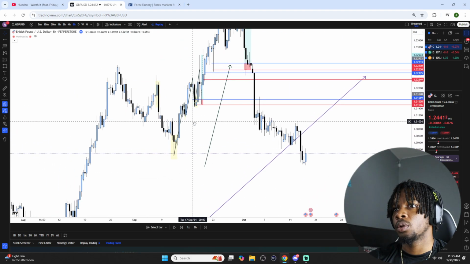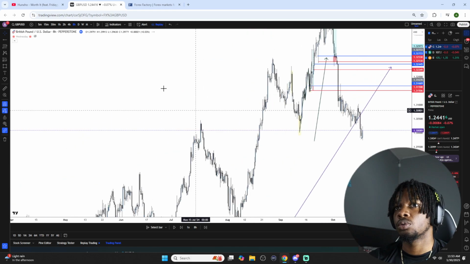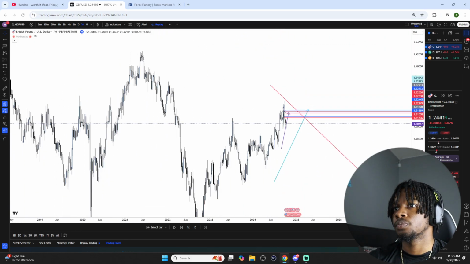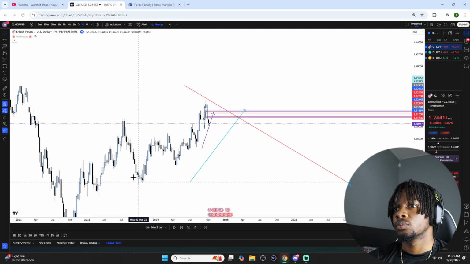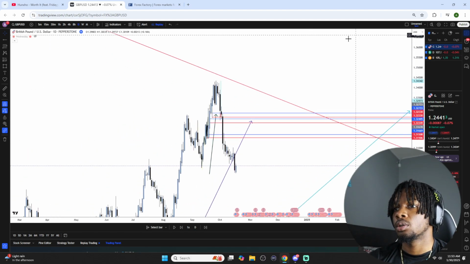All right, so now I can tell that the market shifted. On the weekly, it's still an uptrend, but on the daily, it switched. So the daily and the 4-hour switched.